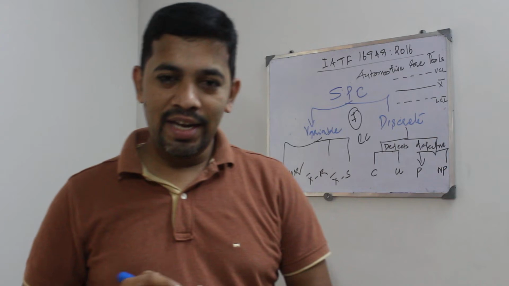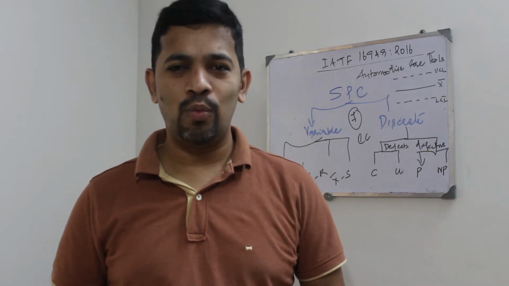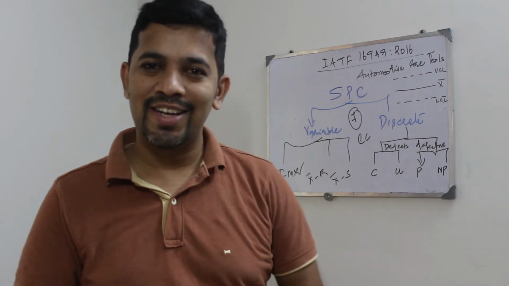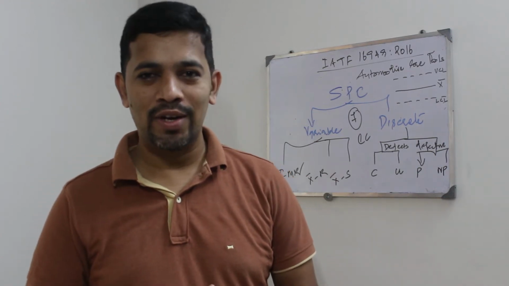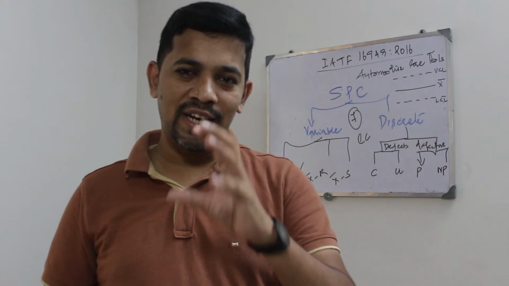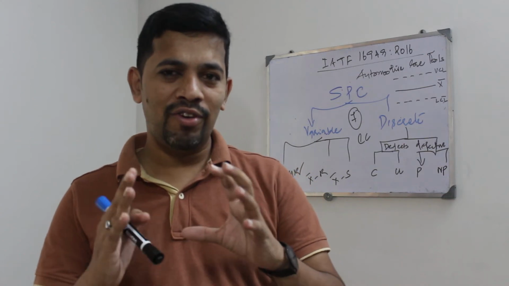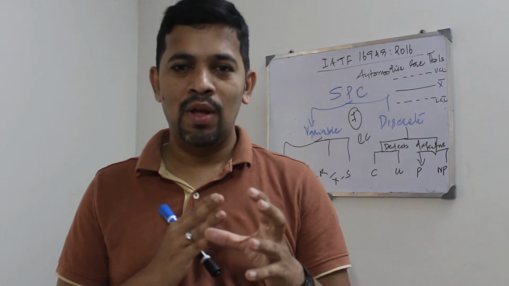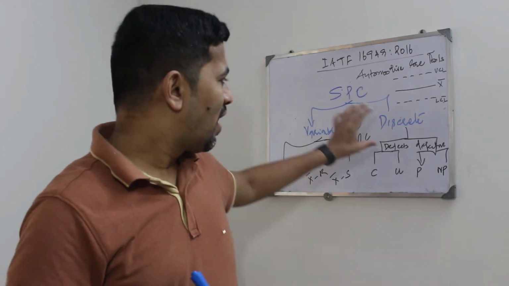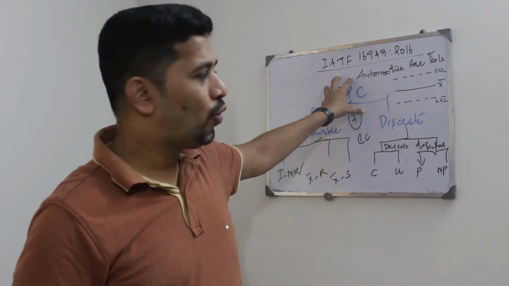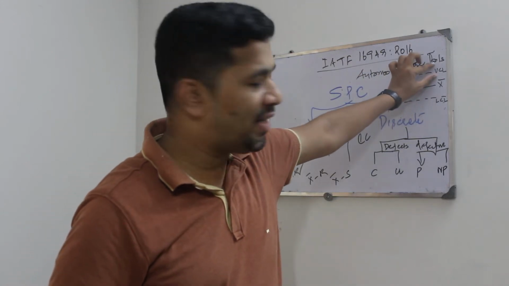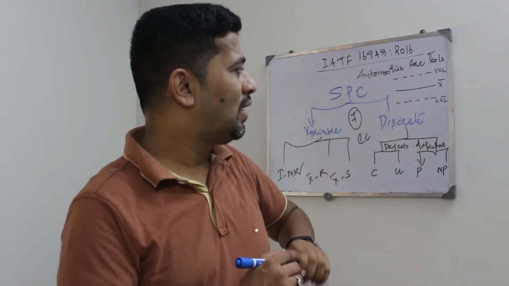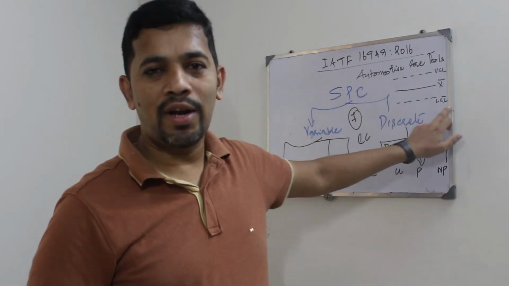Then you may ask me, what about the run chart? Does it not come under the control chart? No. The run chart is also used for variable data. The only subtle difference is that every control chart carries limits, for example UCL and LCL, the upper control limit and lower control limit.